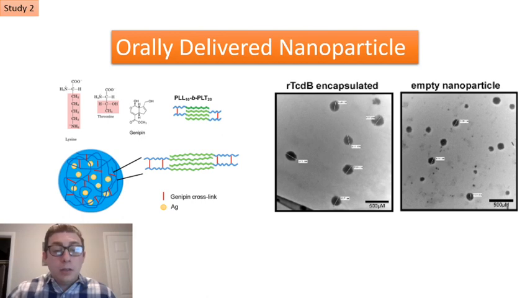In the subsequent study, or the second study that I'm going to talk about, they moved to an oral delivery of the antigen as compared to the IP injection that was used before. So the recombinant TcdB protein was encapsulated in an amino acid-based polymer instead of the previous base polymer. And this was to help it get through the stomach acid and deliver the antigens directly to the gut.